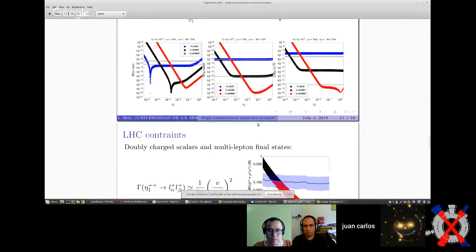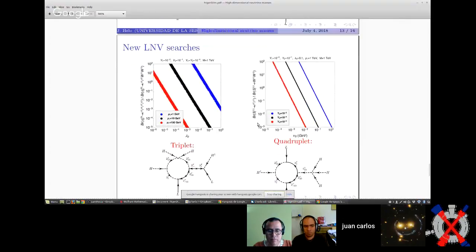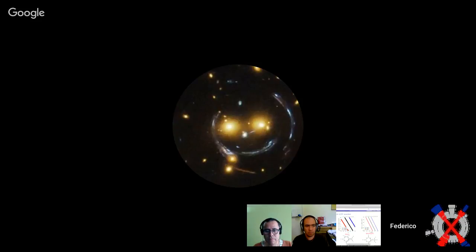And here we play with this mu1 from 1 GeV to 100 GeV. So basically, we give them some freedom from small values to larger values. Okay, thanks.